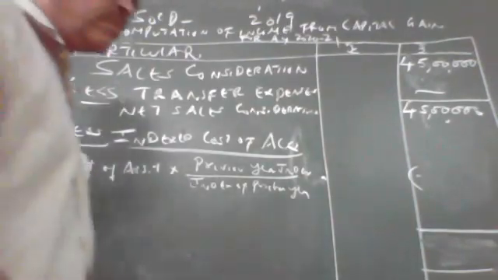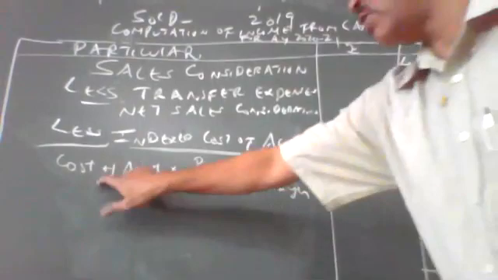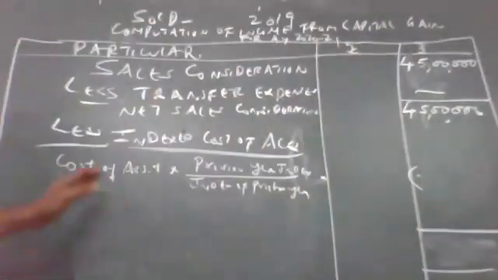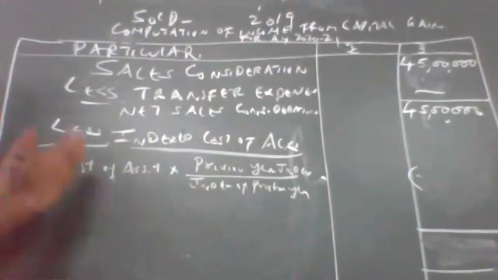First, you have to find out the cost of the asset, then use the formula. So, what is the heading? Working notes: computation of the cost of the asset.